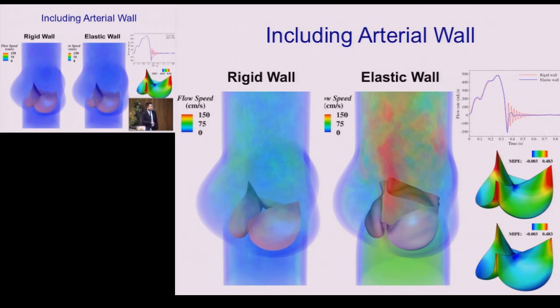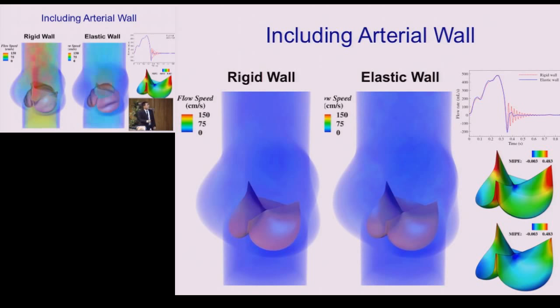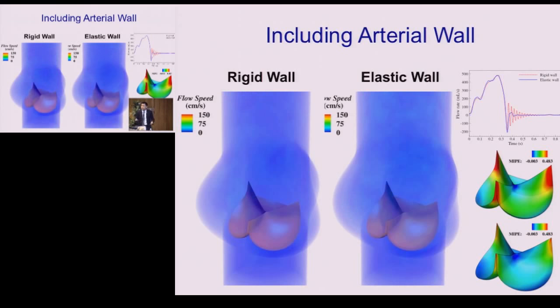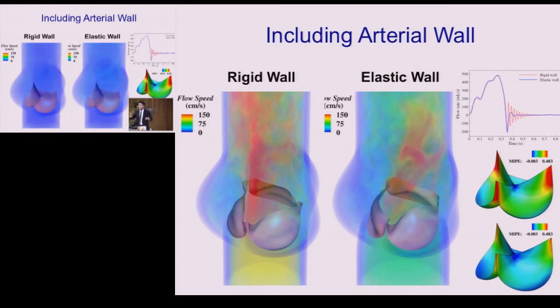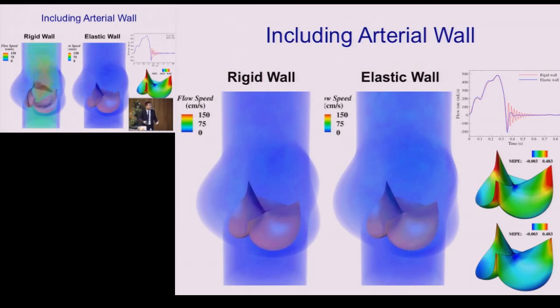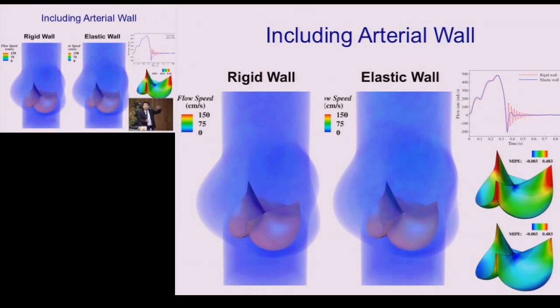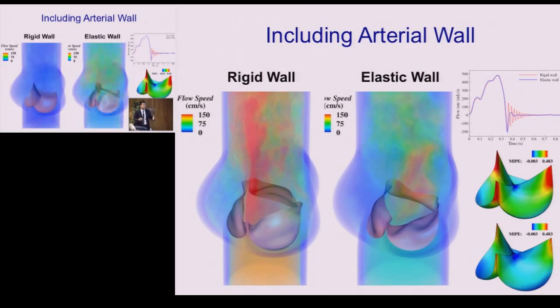It's actually quite reasonable, because this is actually a well-known effect: in reality you have a compliance effect that is due to the elasticity of the wall, right? But if you just model this with a portion of the artery, you are not able to really capture it.